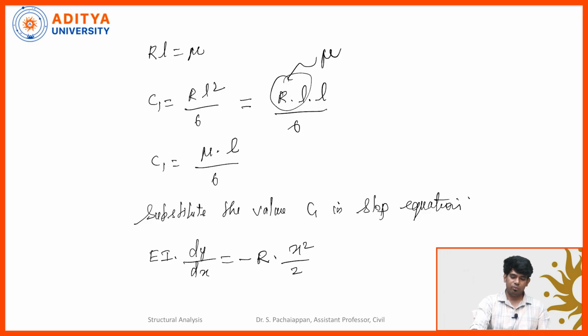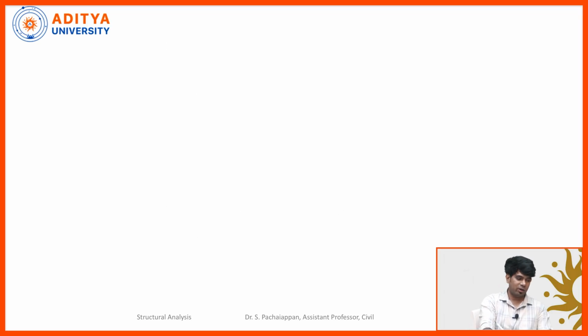So the C1 value we got here is plus mu L by 6. Further we are going to simplify this equation, that is, rewrite the equation once again in a new page, which is EI into dy by dx equal to minus of R x square by 2 plus C1 value mu L by 6.